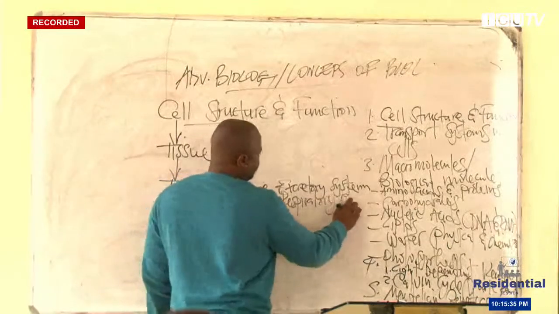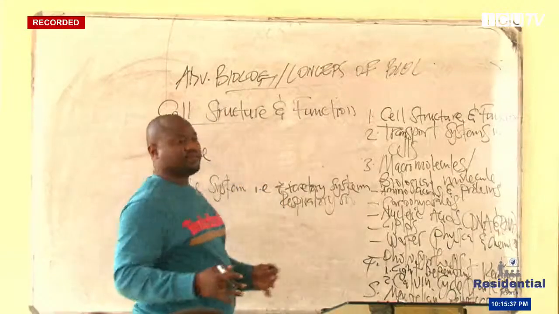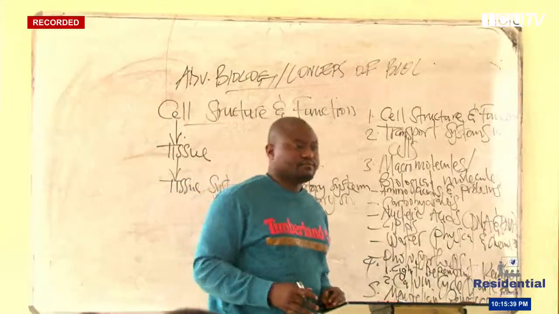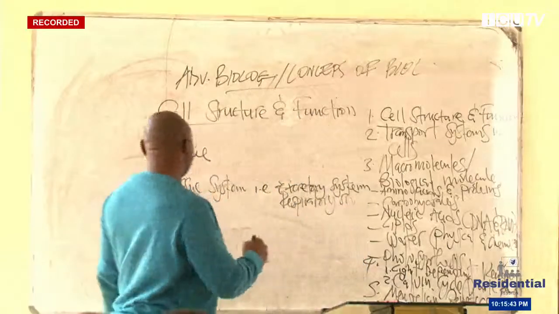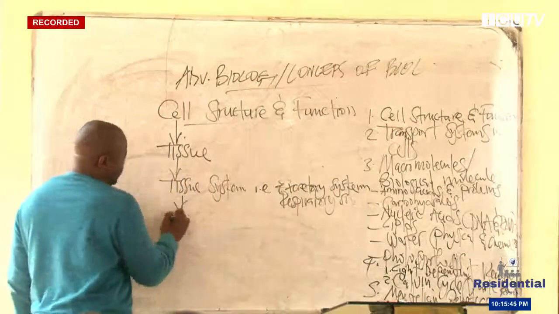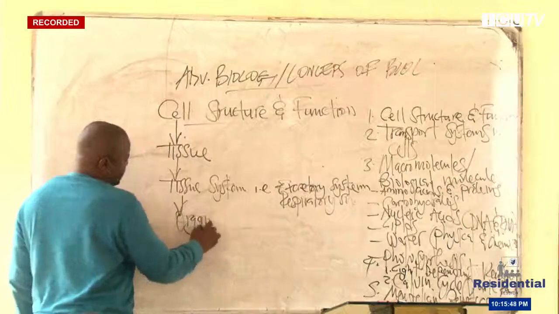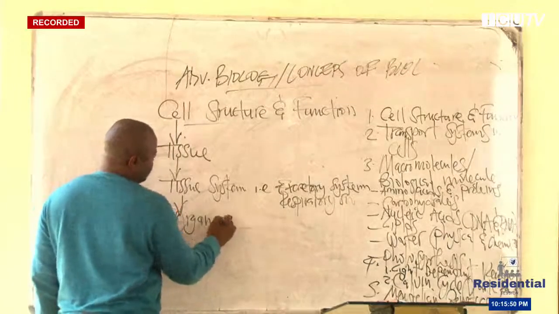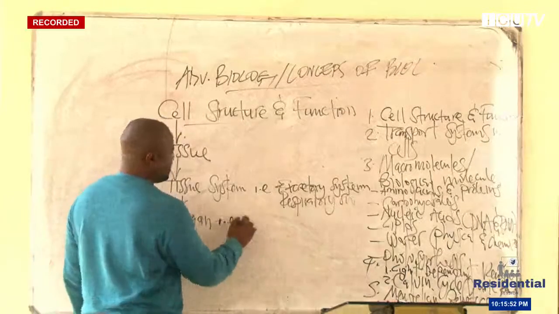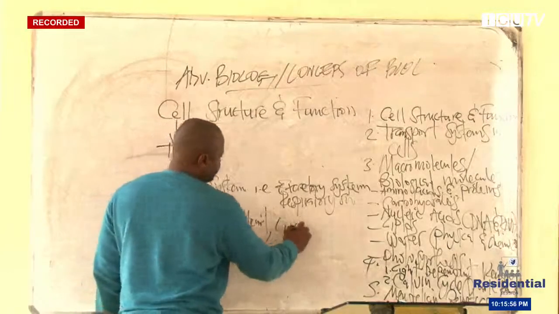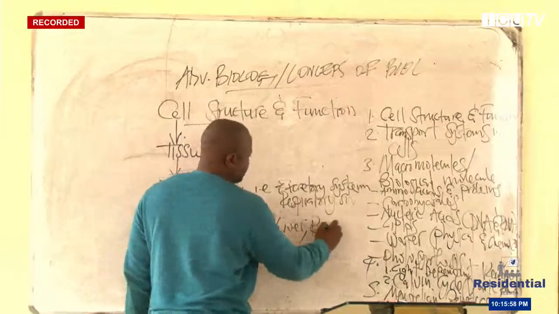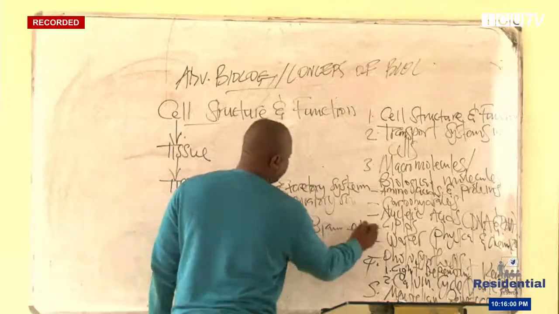So a group of these systems working together, what do they form? Exactly, they form what is known as an organ. Example of an organ is what? The heart, for example. What else? The liver, the brain, and so on.